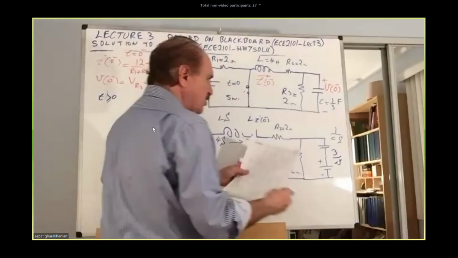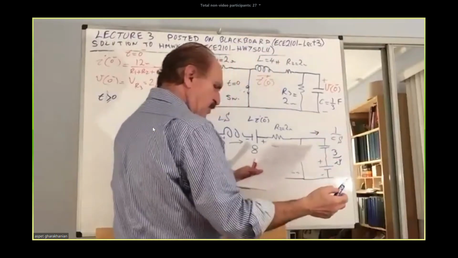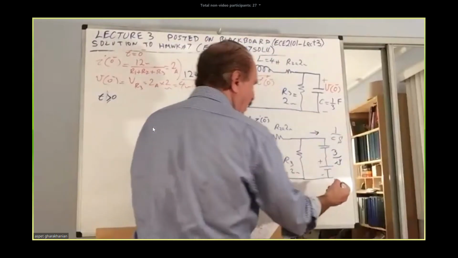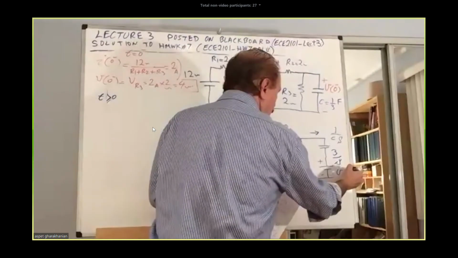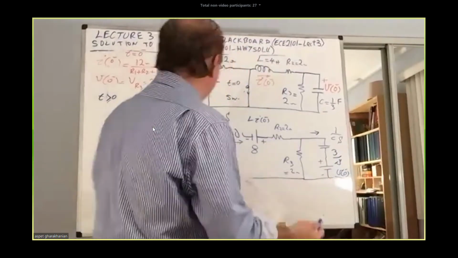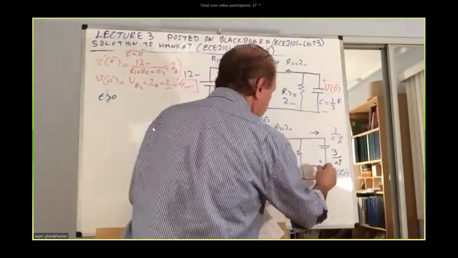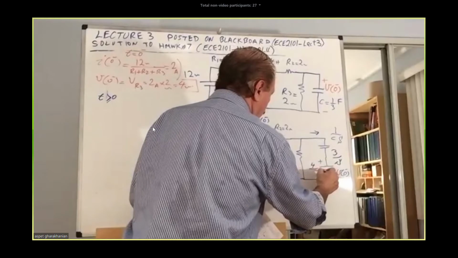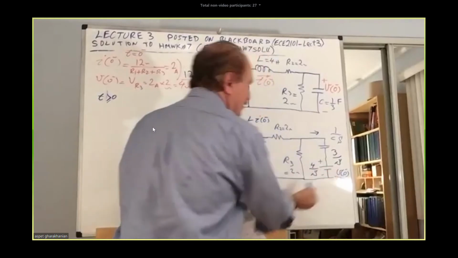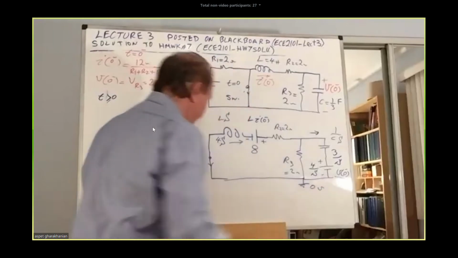The series voltage source for that sense of the current is going to be equal to V of 0 minus over S. So you will go seek for the V of 0 minus, 4 divided by S. So this will be 4 over S. Let's pick that point as the 0 volt reference.